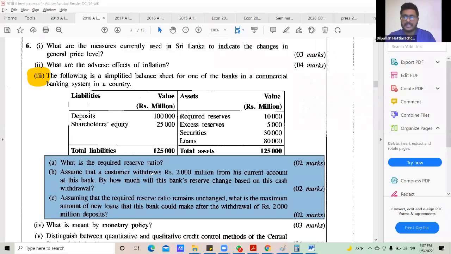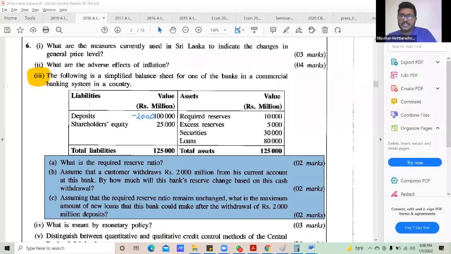So once again, this customer came into the bank and asked for 2,000 million. Yes. So now, once again, he is withdrawing 2,000 million. Once again, we have to deduct 2,000 from both sides. So very clear, from here you have to deduct 2,000. From deposits, you have to deduct 2,000.